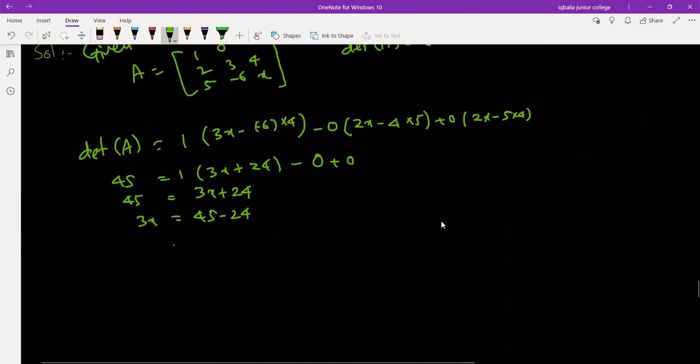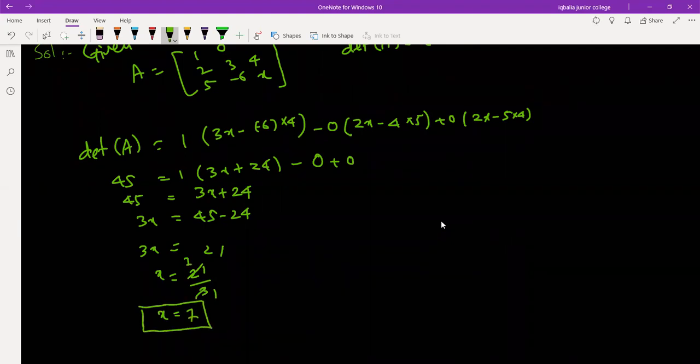Now just simplify this. This will be 21, and here 3x, and x will be equal to 21 by 3, and 3 sevens are 21. So x is nothing but 7.